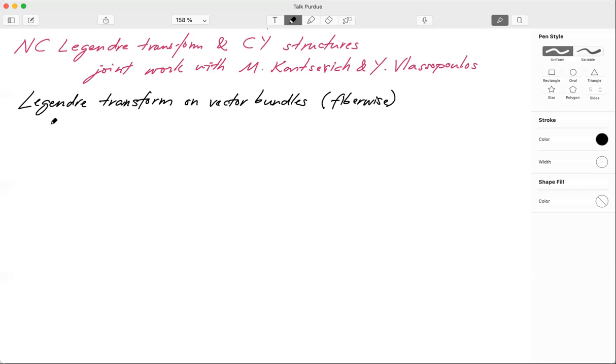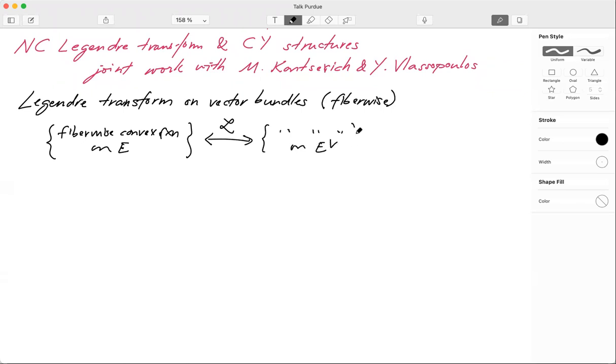So what does it do? It goes between, let's say, a fiber-wise convex function on some vector bundle E, and this transform relates this to the same thing, a fiber-wise convex function on E dual. So E was some real vector bundle with fiber R^n over some manifold.